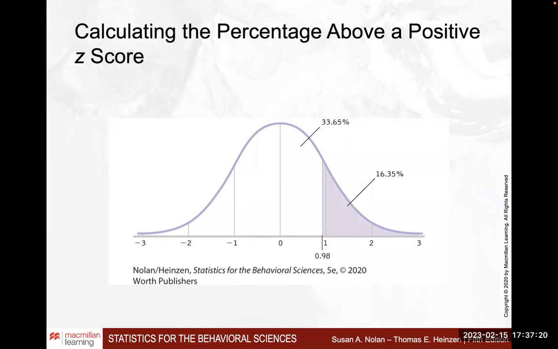So this is 33.65 above the mean, plus 50, that's 83.65%. If I want to know now what is greater than or equal to this value, the only thing I have to do is calculate 100% minus the 83.65, and that's 16.35.